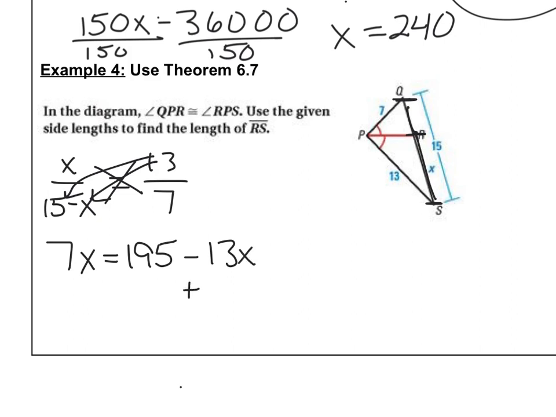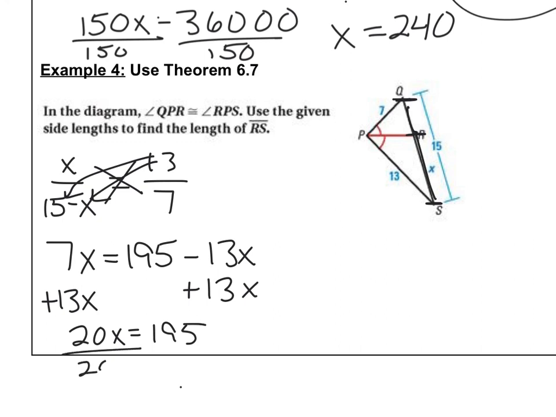We want to get everything over to the other side, so we add 13X to both sides. We get 20X equal to 195. Divide both sides by 20. In this case, we get X equals 9.75.